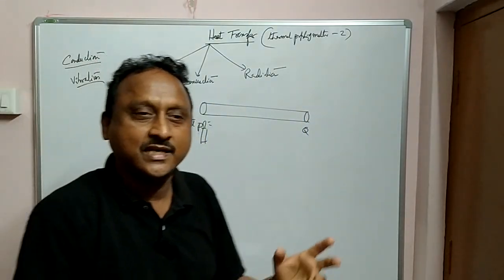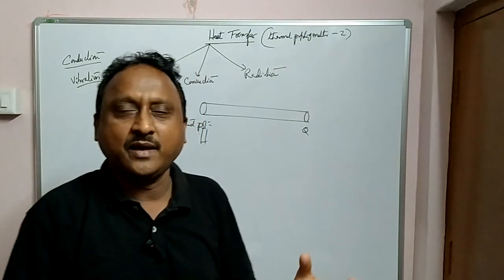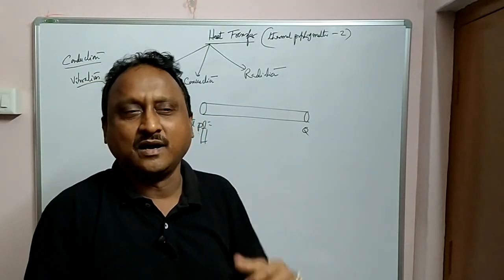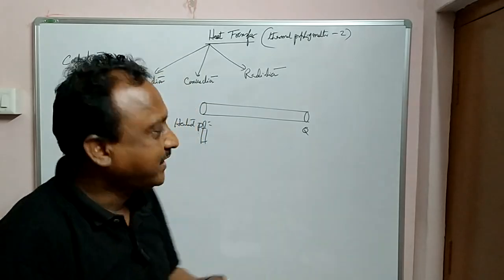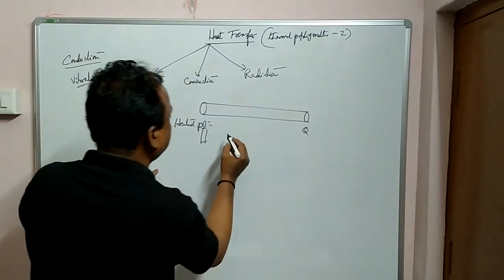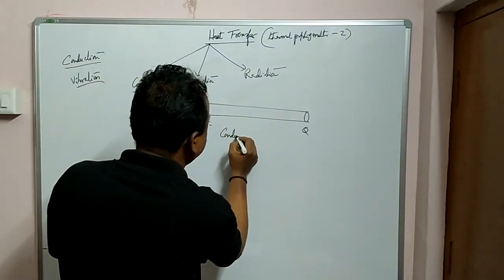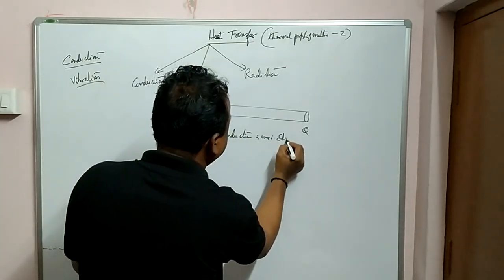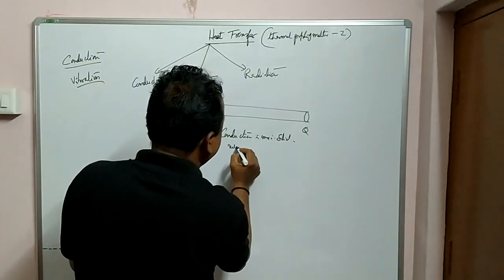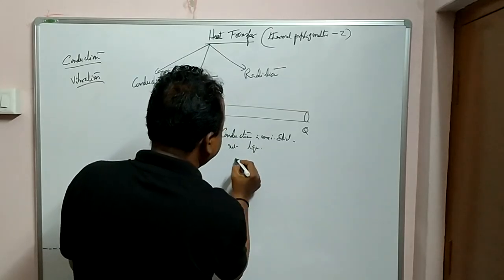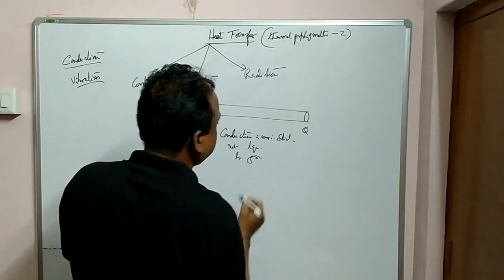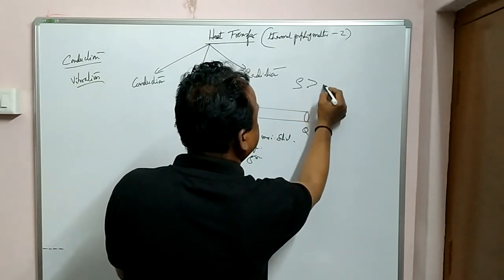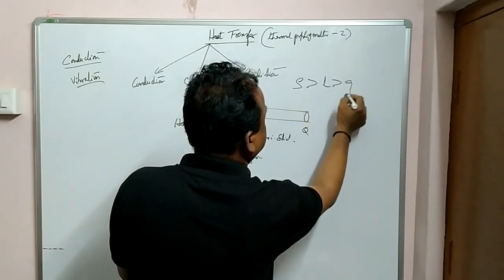Here, what happens? In solids, the atoms and molecules are tightly packed compared to liquids and gases. That is why conduction is more in solids, next in liquids, and least in gases.